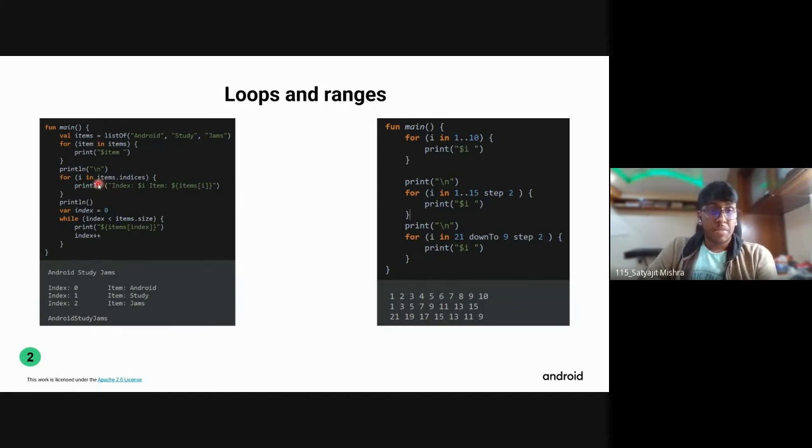So if I type in for i in items.indices, every i will contain the index of every element in the list. And next, if I print the value of i and then the value of the items at that position of i, it will basically print the item and the index.